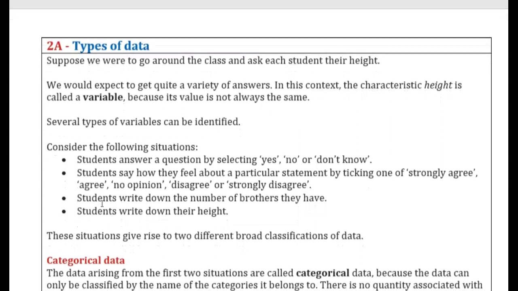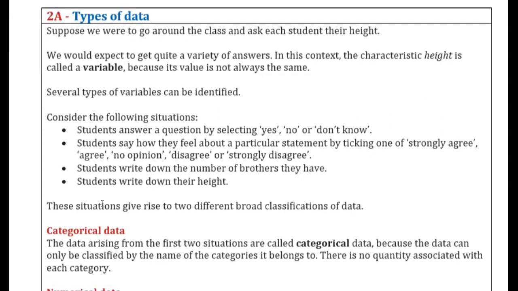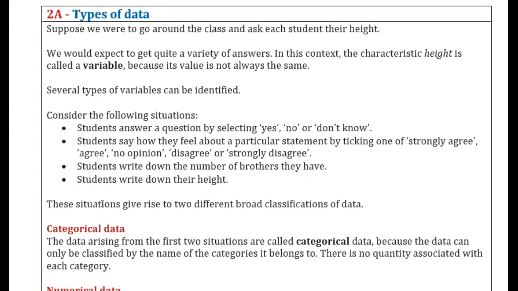All right, let's look now at the different types of data. You can collect so many pieces of data, but you need to categorize them. So let's think about if we were to go around the class and ask each student their height. There's different ways we can measure height.